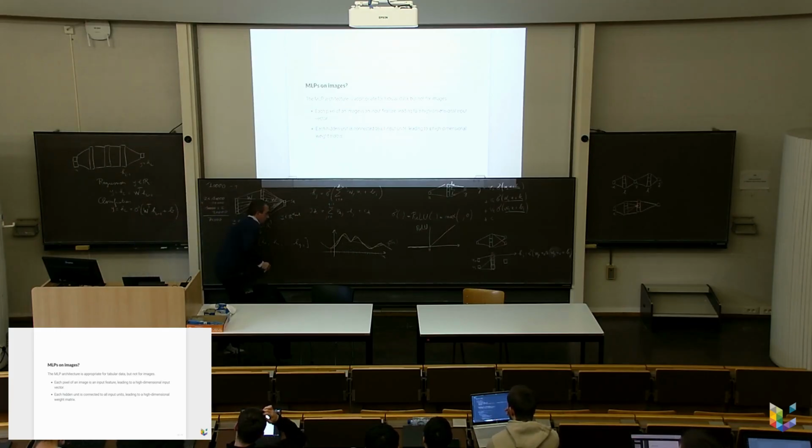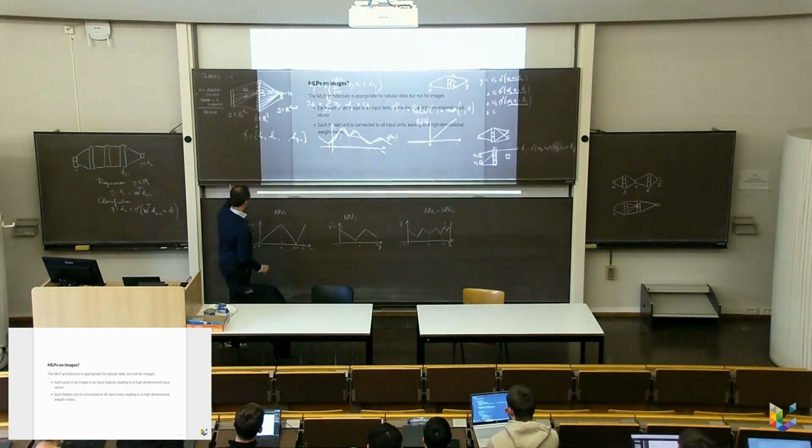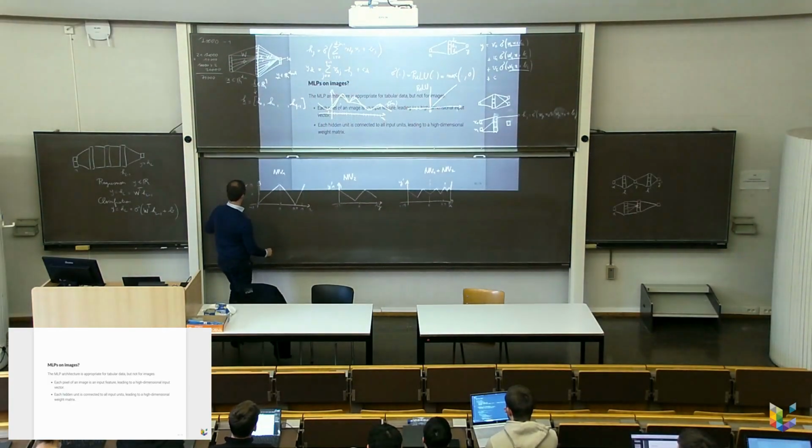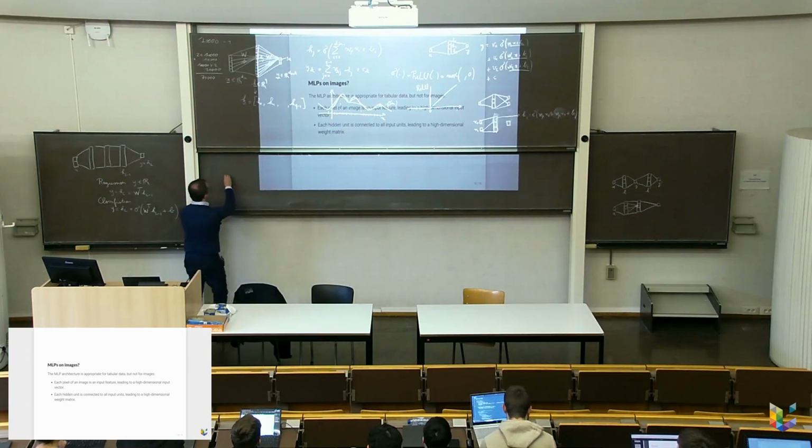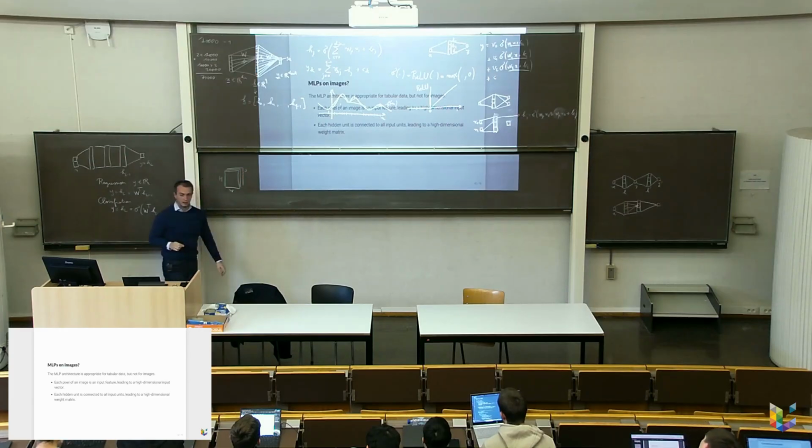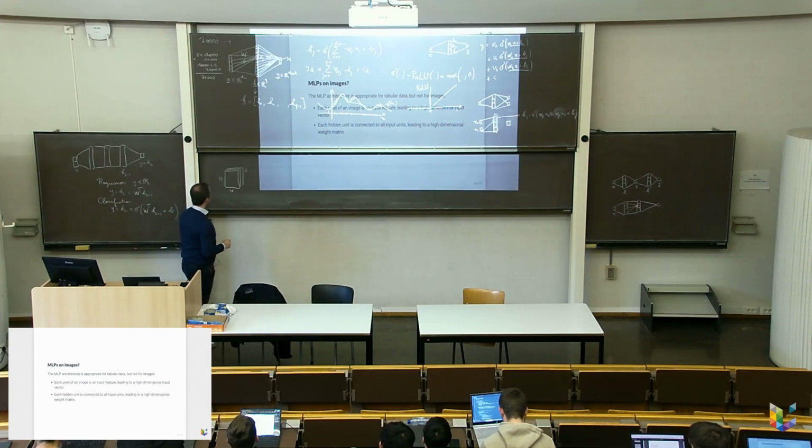So if you have an image of size h times w and usually times 3, because you have 3 channels for the pixels, red, green, and blue. So you would have each pixel defined by 3 numbers, and you would have as inputs, if you put everything into a very long vector, h times w times 3 input elements in x.